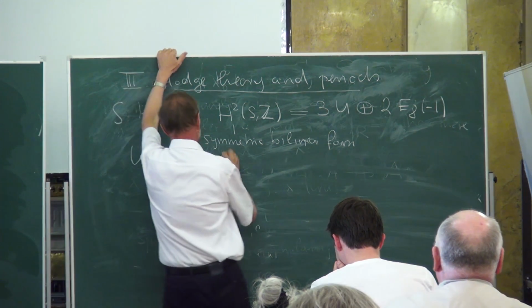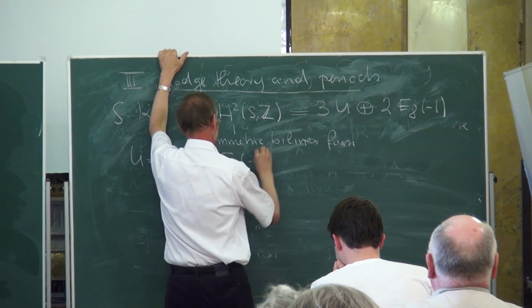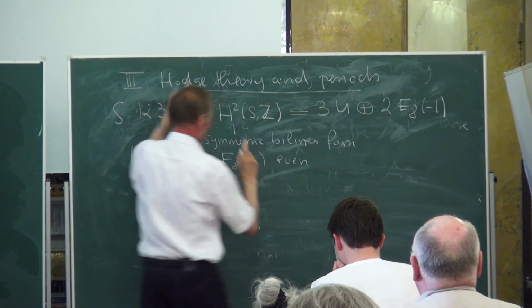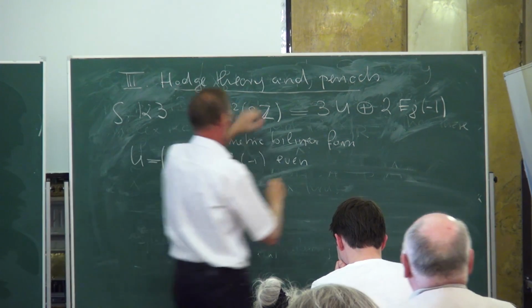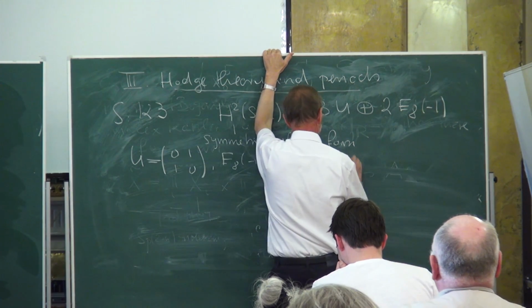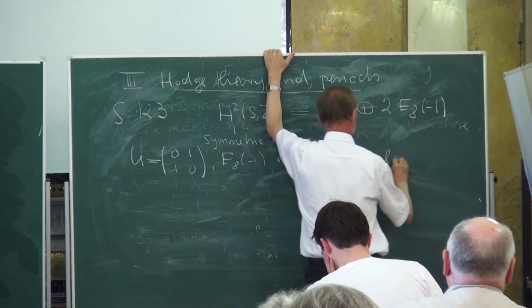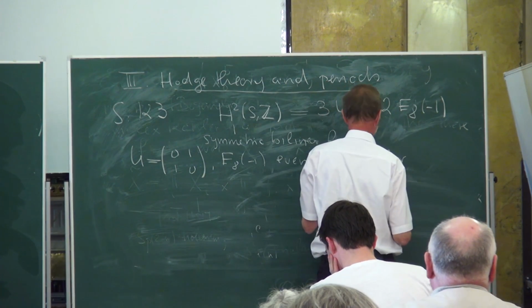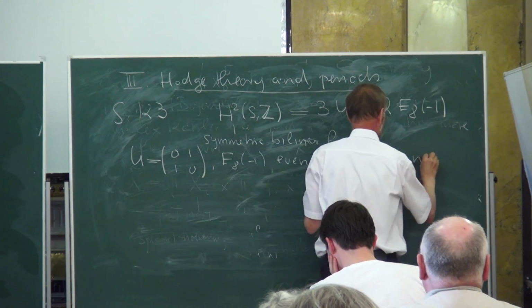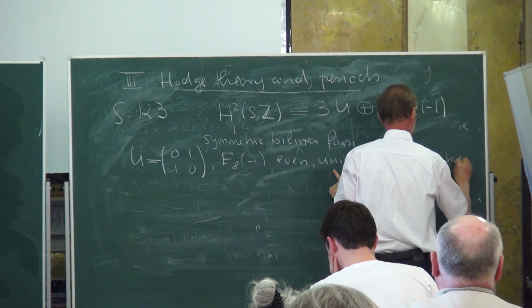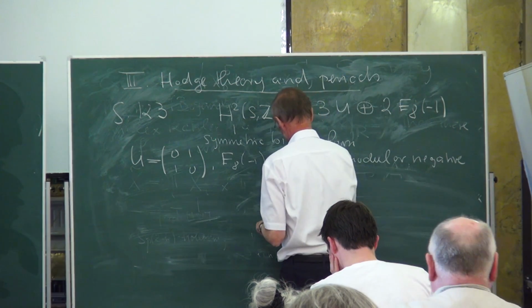And the E8(-1) is even, which means that x squared is always even. It is unimodular, which means the determinant of the intersection form is 1. And it is negative, and it has rank 8.